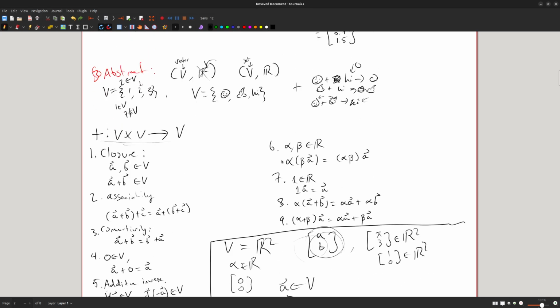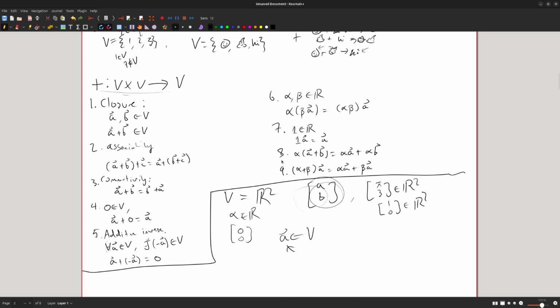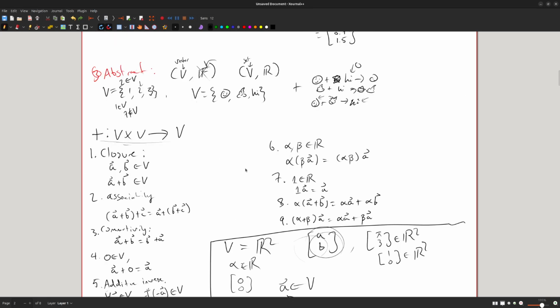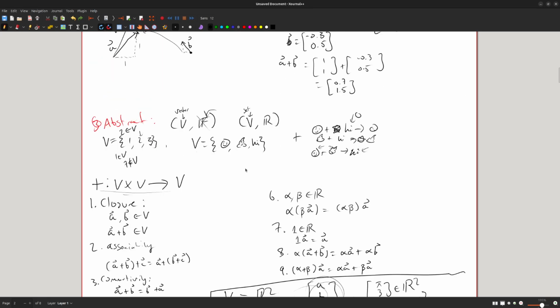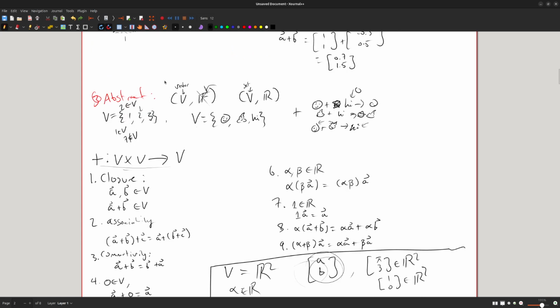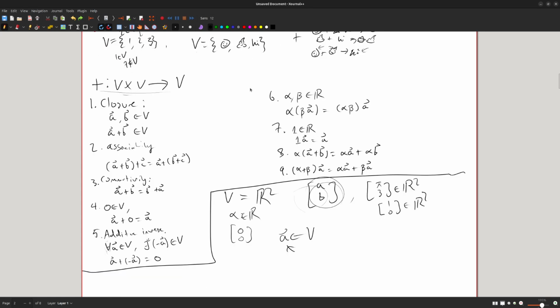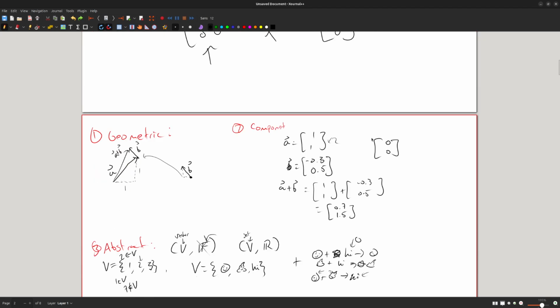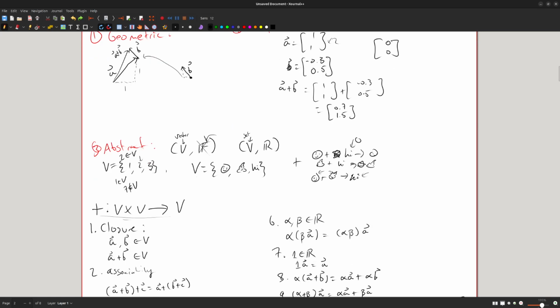Now, I know it seems really abstract and kind of dumb, but the really cool thing about this abstract definition of vector spaces is that there's a whole bunch of really useful theorems that we can prove about this really abstract definition. And then you can apply that to a whole bunch of different systems. As I'm sure you'll find out if you continue doing physics, there's a whole bunch of useful vector spaces that aren't necessarily just the standard thing you see here of this arrow in this direction.